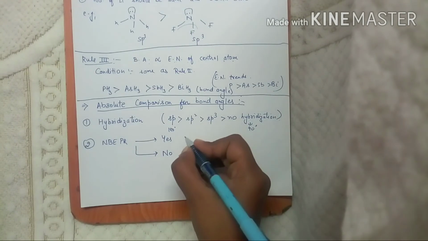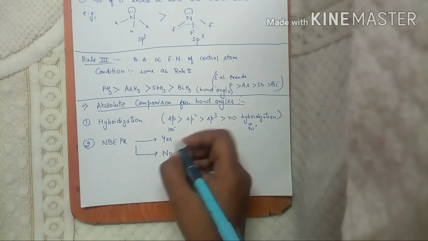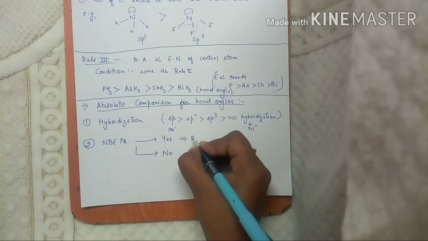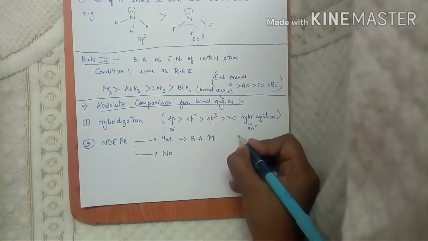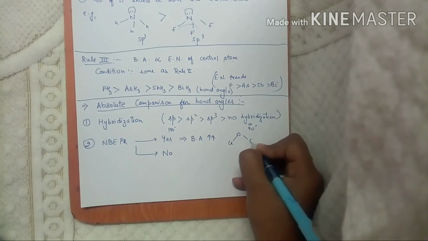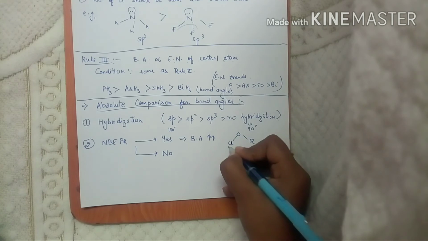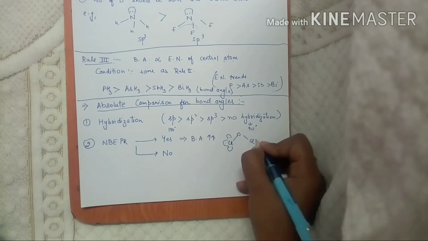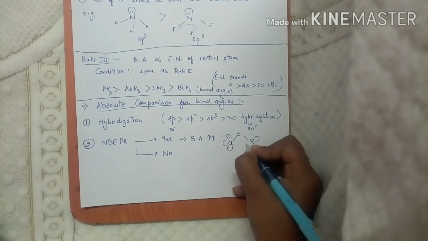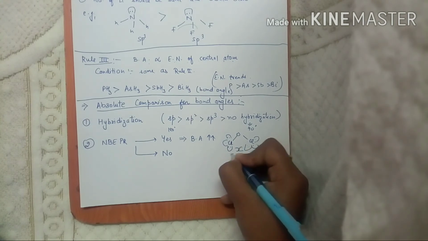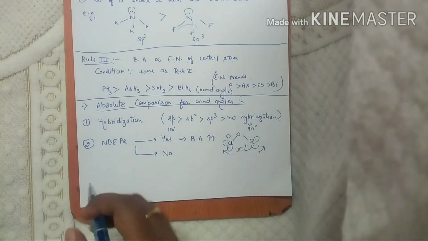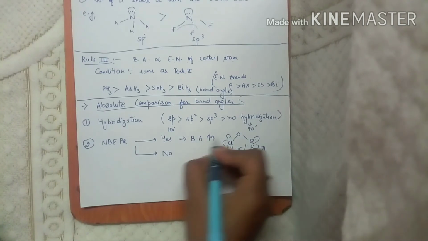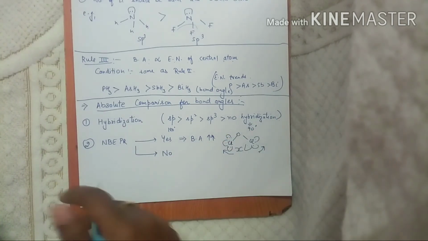In the cases where NBEPR dominates, the bond angle will be more. We have seen the example of OCl2, in which NBEPR was dominating due to the lone pairs. Due to this repulsion, the bond angle was increasing. So in cases where NBEPR dominates, the bond angle will be more.